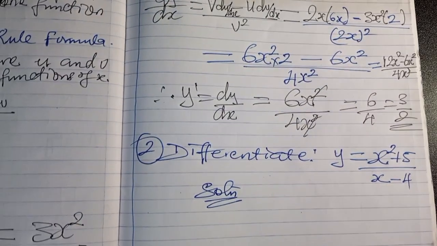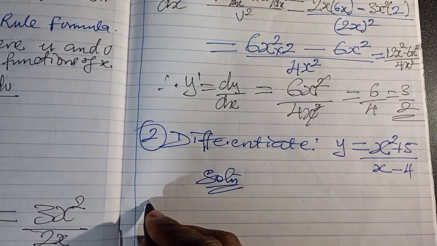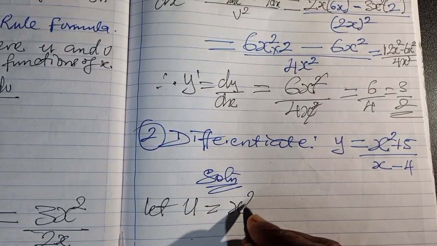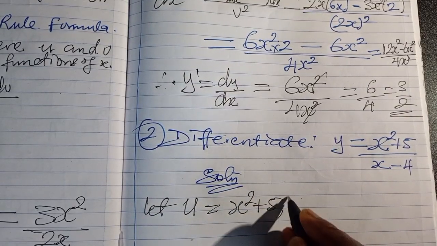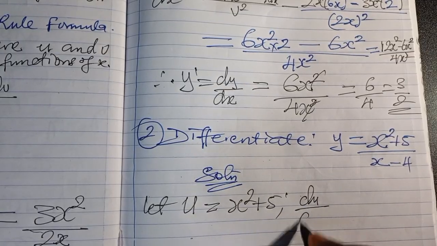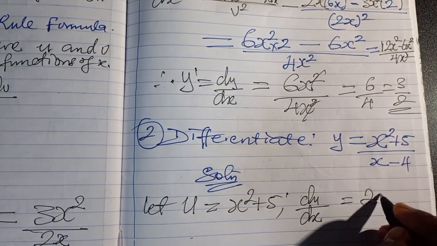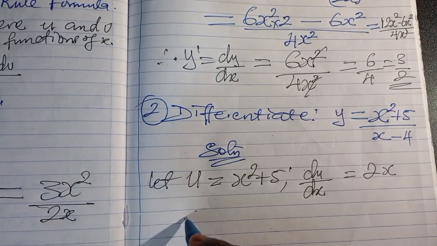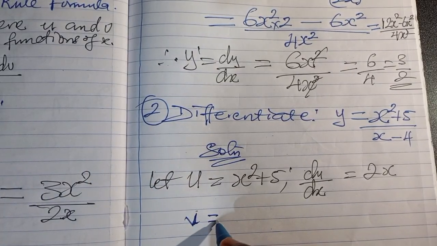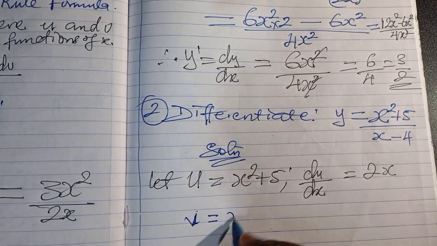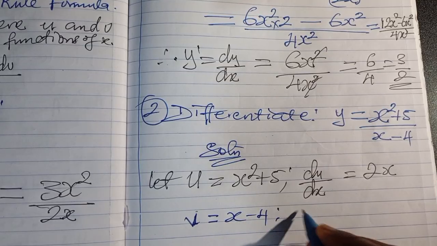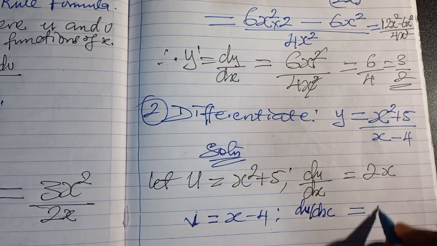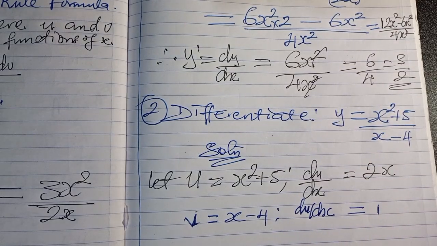From here, let u be x raised to power 2 plus 5, so that du/dx will be 2x. Similarly, our v should be x minus 4, so that dv/dx should give us 1. Are you getting it? Good.